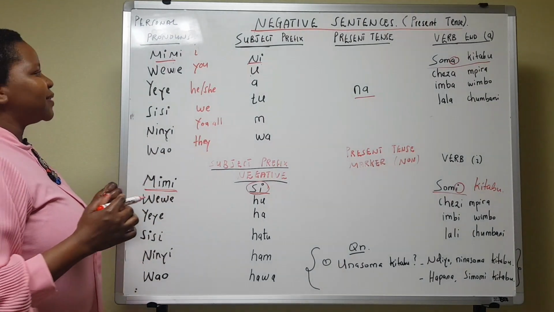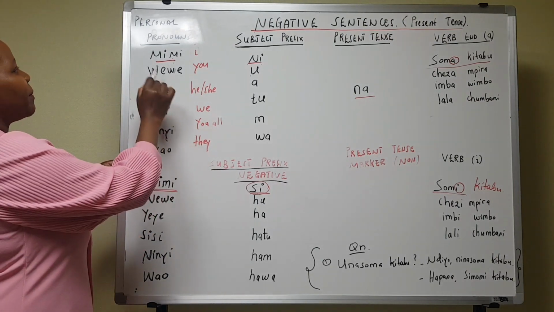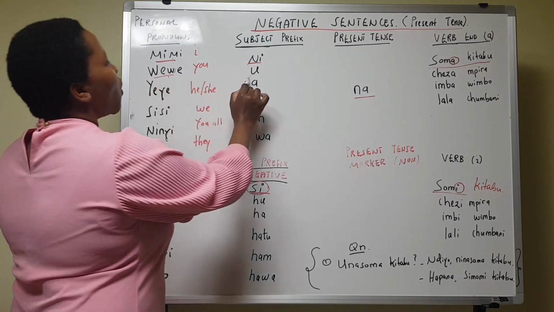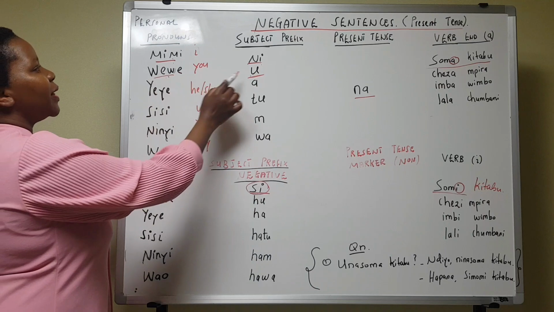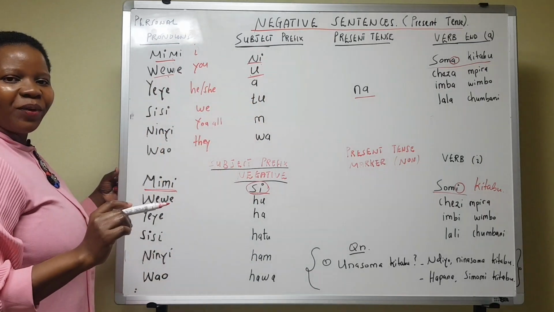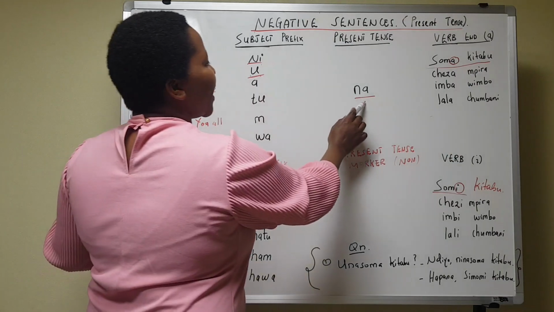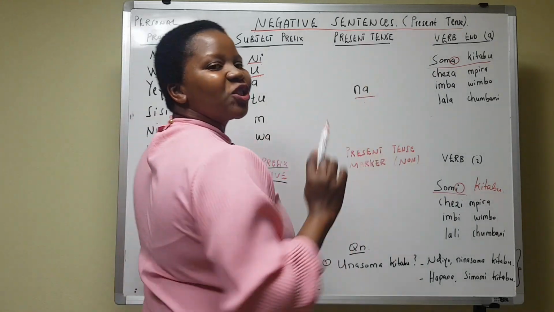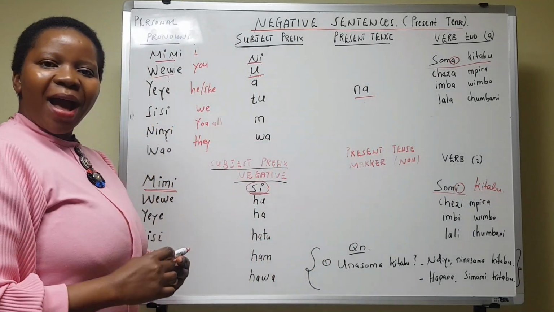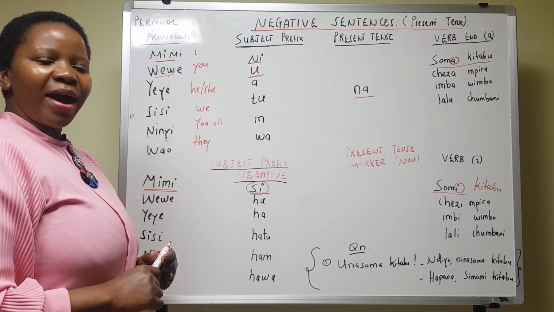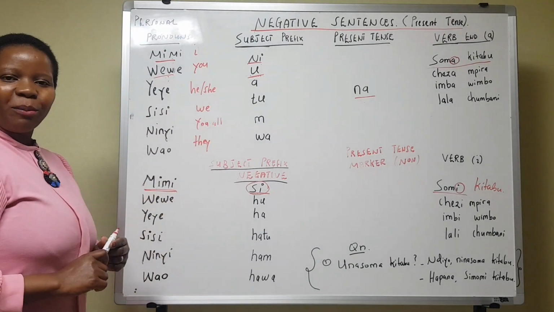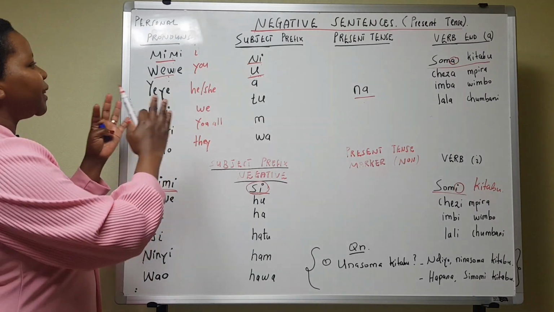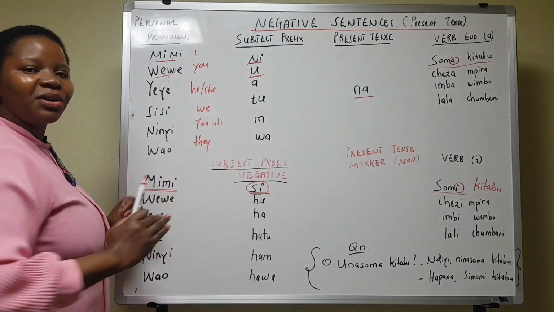Let's look at another example. I will use the personal pronoun wewe. Okay? If you use wewe, the subject prefix will be u. Wewe unasoma kitabu. You are reading a book. How can I change this sentence into a negative form?